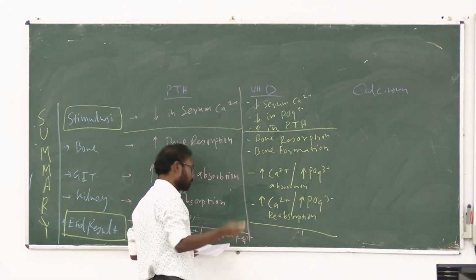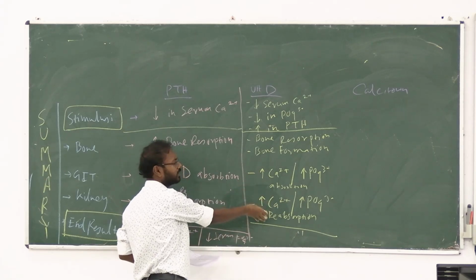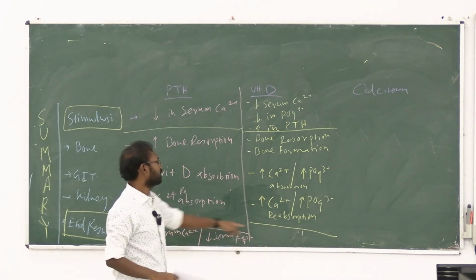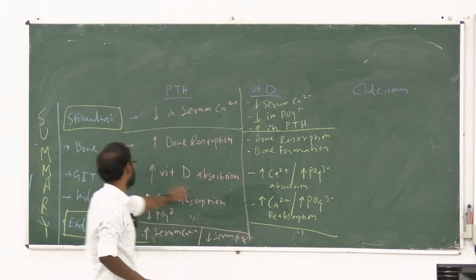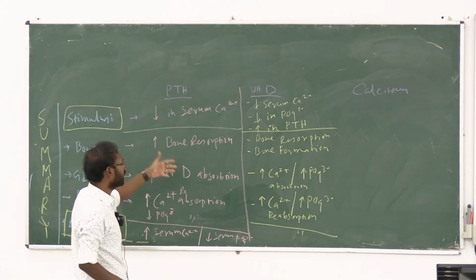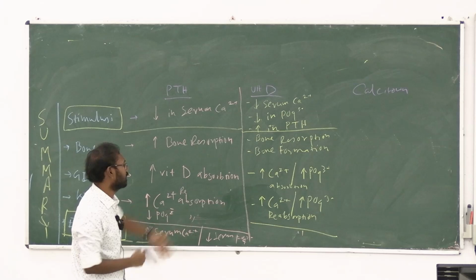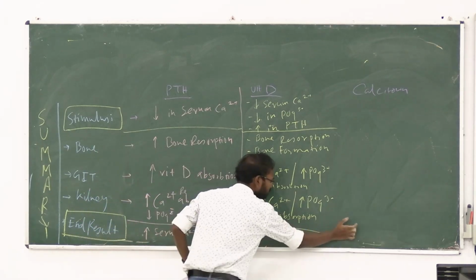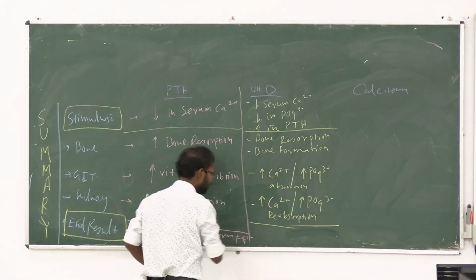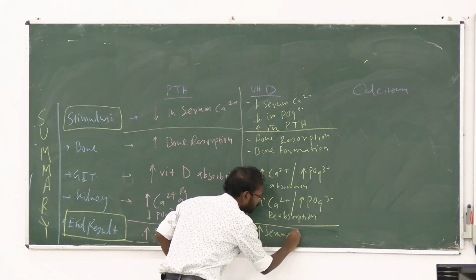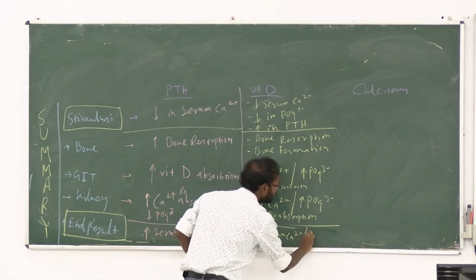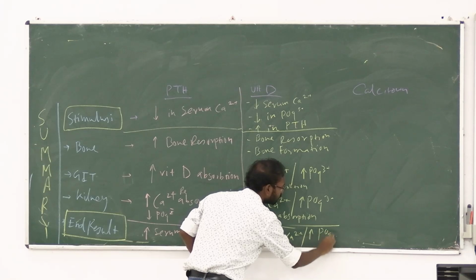Both serum calcium and serum phosphate are increased. বুঝতে পারছো কিভাবে reabsorption বাড়াচ্ছে কিডনিতে, absorption বাড়াচ্ছে GIT তে, okay, so all these things accumulatively, that's why the end result is increase in serum calcium and increase in serum phosphate.